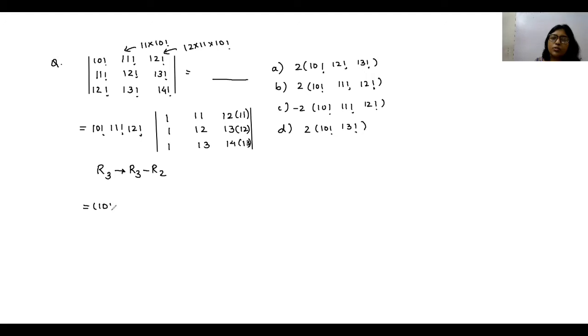So this is 10 factorial, 11 factorial, 12 factorial. So this is 1 minus 1, 0, 13 minus 12, 1.